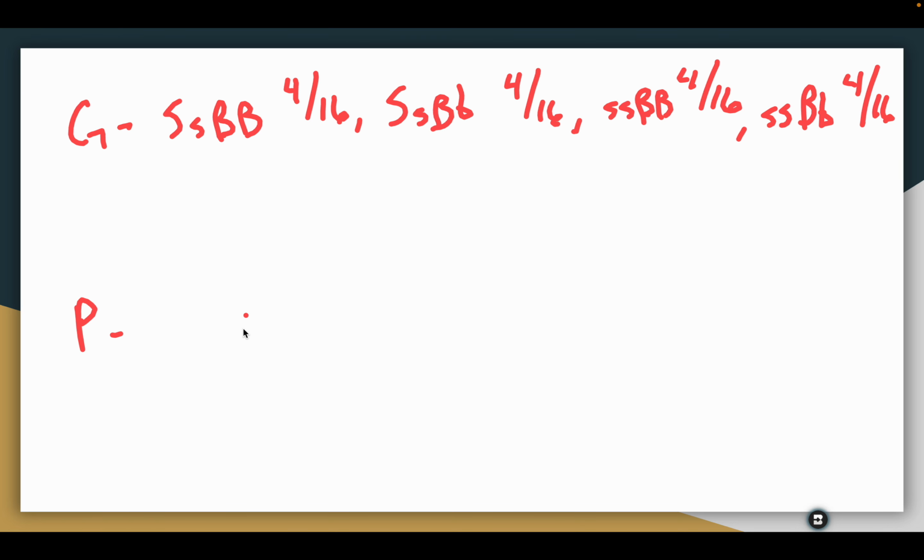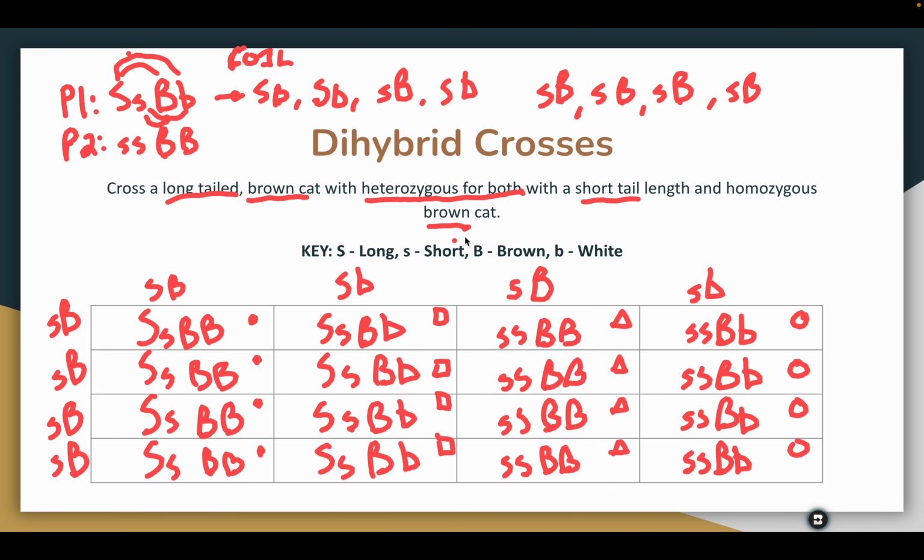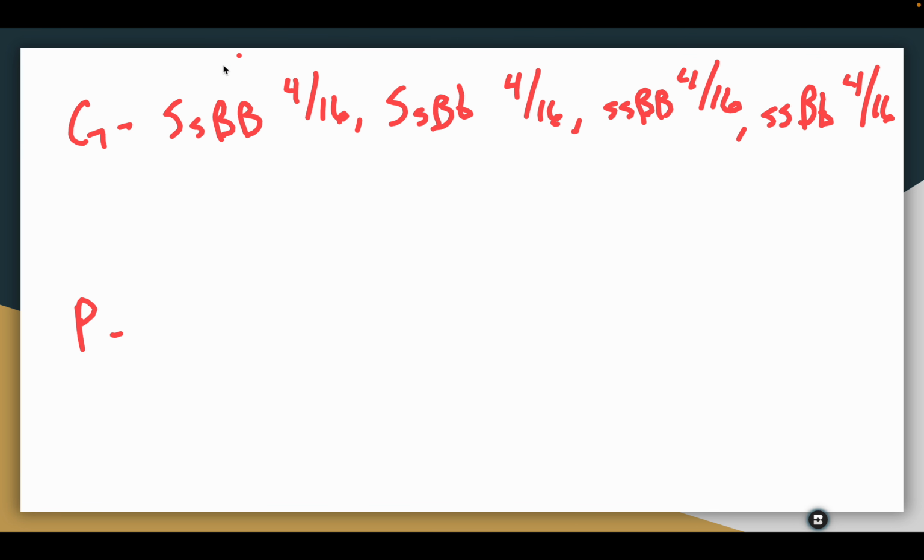That's really well done. That's all complete. So now, using my key, I need to figure out how many are going to be, in this particular case, long and brown. If you look, we have 4 that are going to be long and brown here, and 4 that are going to be long and brown here. So in total, long and brown, there are 8 out of 16.